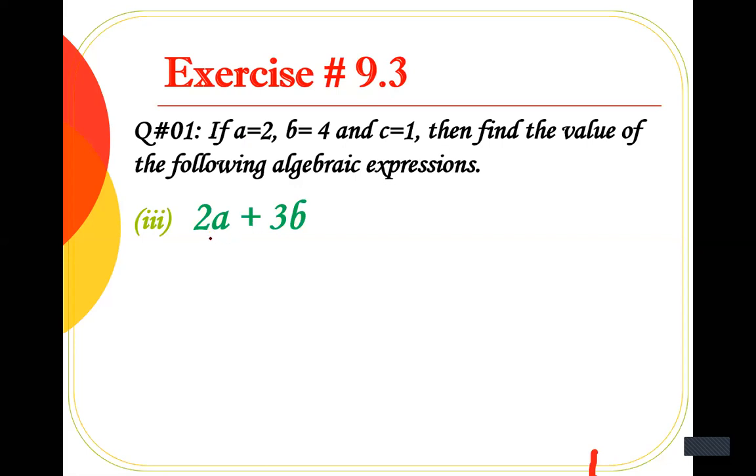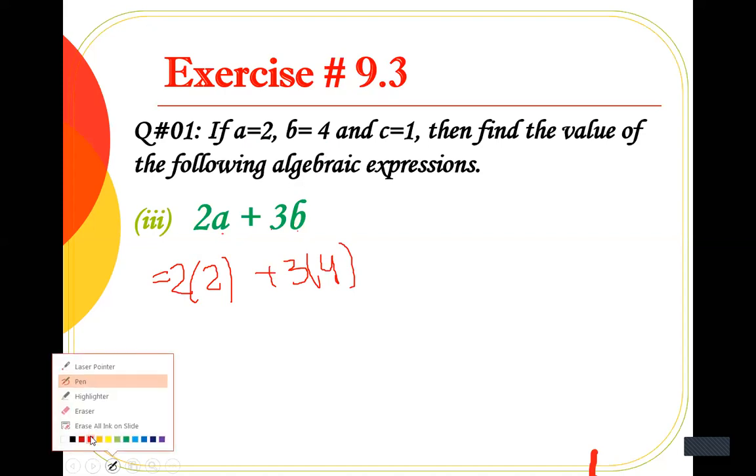2a plus 3b means 2 is multiplying with a and 3 is multiplying with b. So replace a with 2 and b with 4. But when you are replacing, you must write the values inside brackets. You will write 2 bracket, a replaced with 2, bracket close, plus 3, b replaced with 4 inside the bracket, and then bracket close.